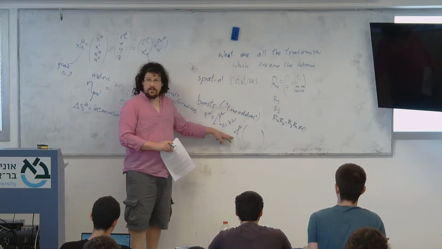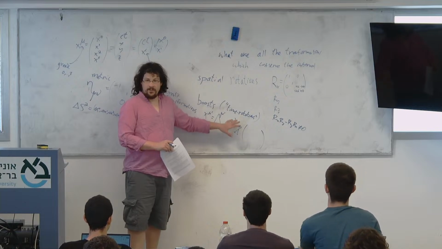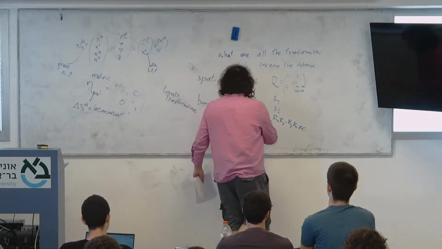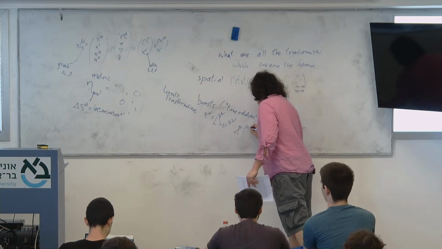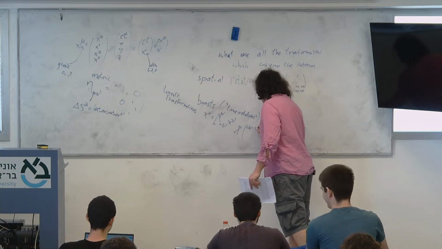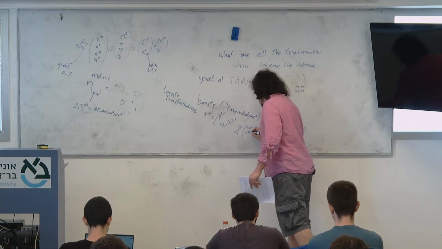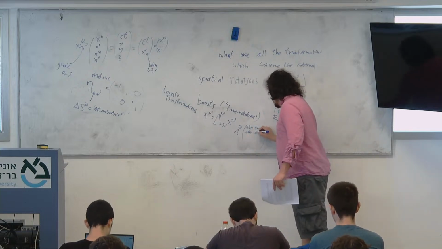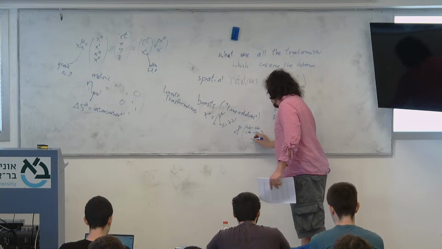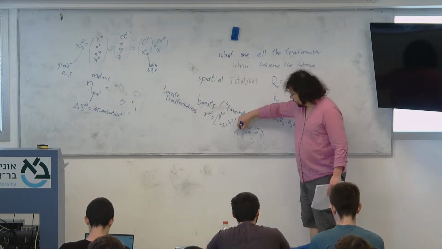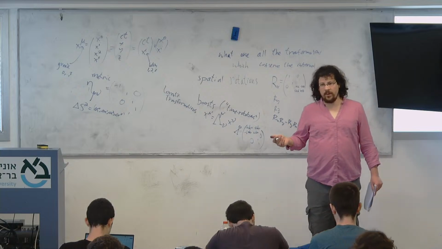Not to be confused with the Freemasons. This is just a lambda with an x on top. I'm going to have some cosh omega, minus sinh omega, minus sinh omega, cosh omega, 1, 1, 0, 0. Okay, this is a boost in the x direction.